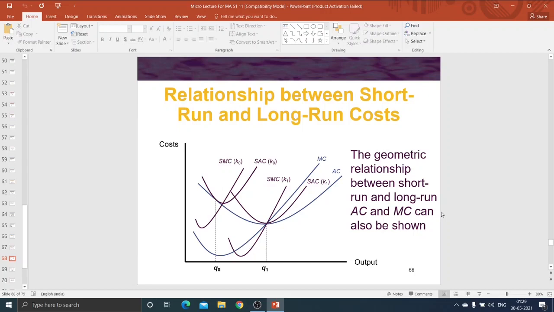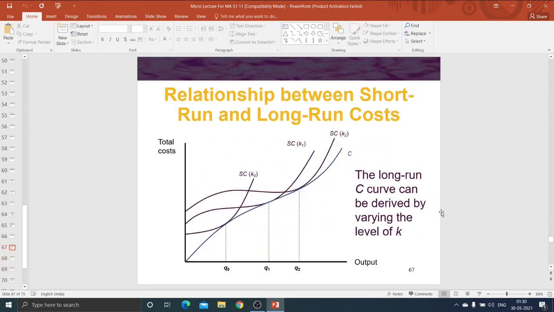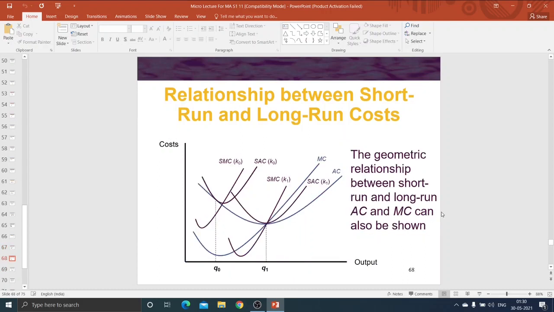It is the locus of the different short run optimal combinations of that particular firm, which is called the envelope curve of the firm in the long run. In the long run, every factor changes. That is why you have this relation, which follows from this particular graph.